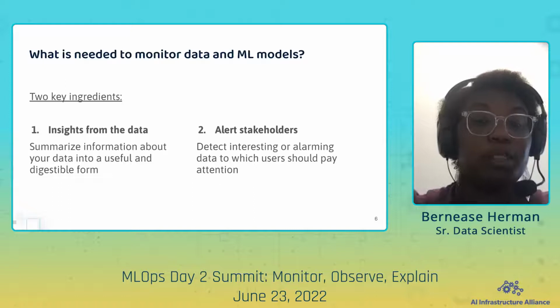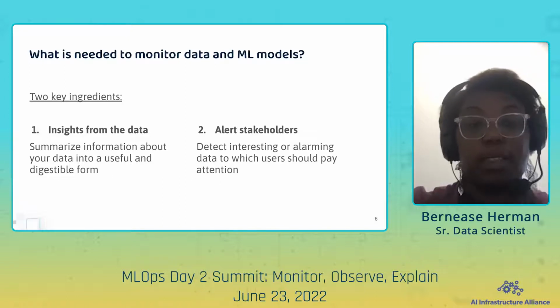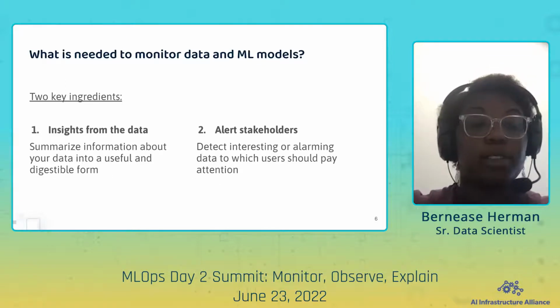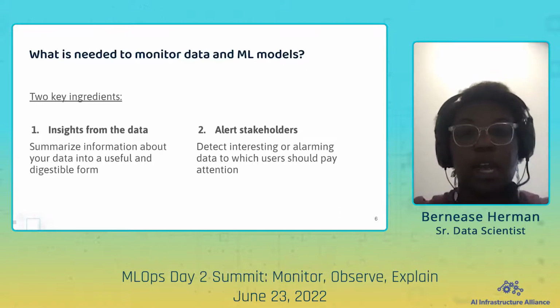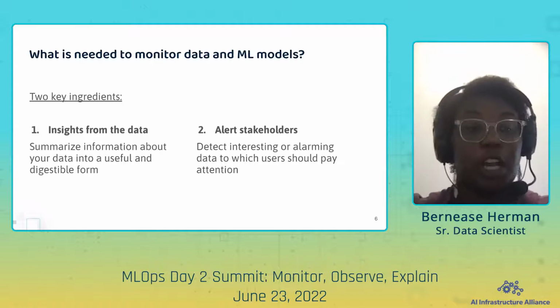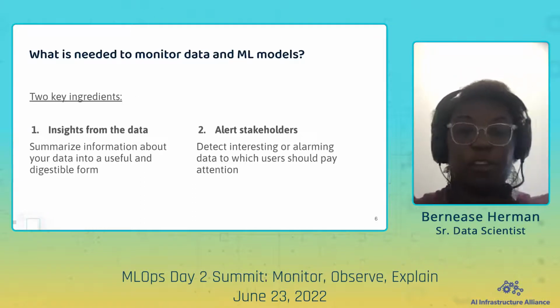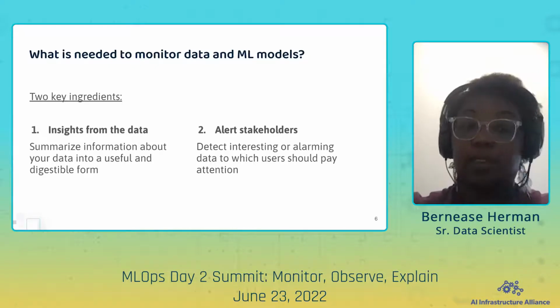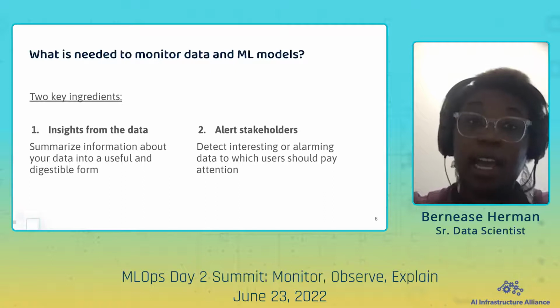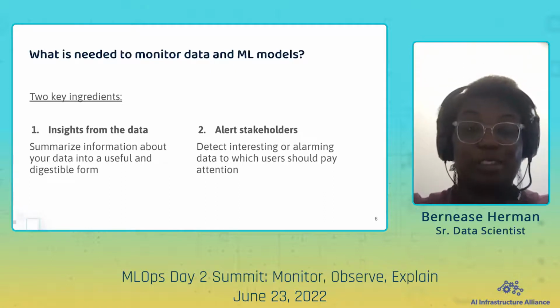But we want to really focus on number one in this presentation. While there are some differences in the algorithms and visualizations you may use to alert and determine which data points to surface to users for structured data versus unstructured, I'm really going to focus on gathering insights because that tends to have a lot more difference between these two types of data.